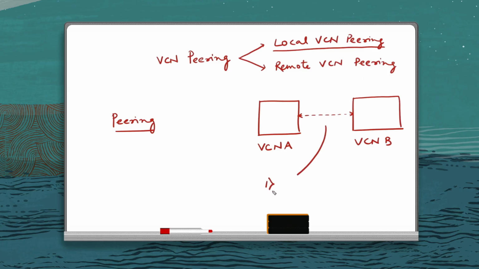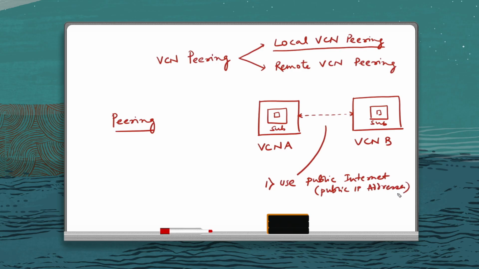The first option is you use public internet, which means inside the subnet there are virtual machine instances. Similarly, inside the subnet there will be virtual machine instances. These virtual machine instances will have public IP addresses and they will communicate with each other using public IP addresses.